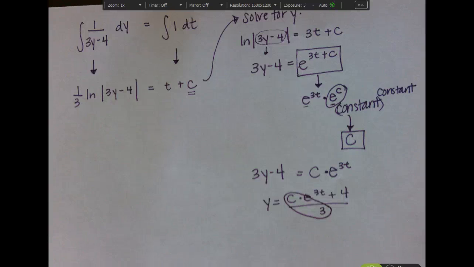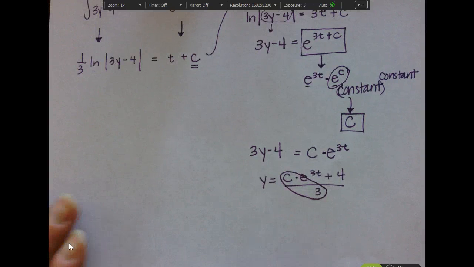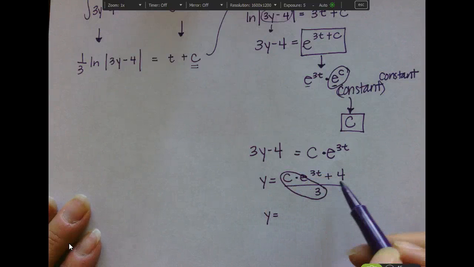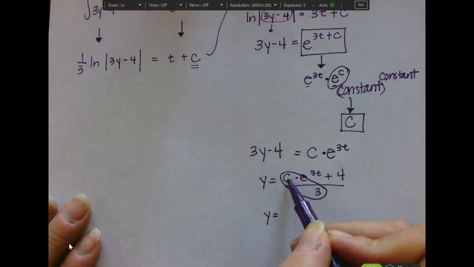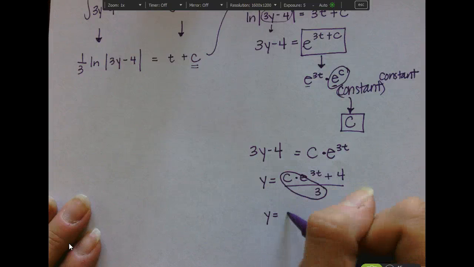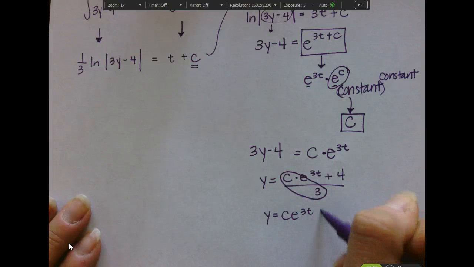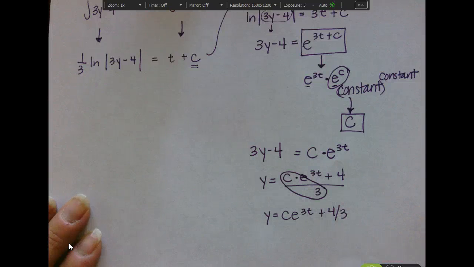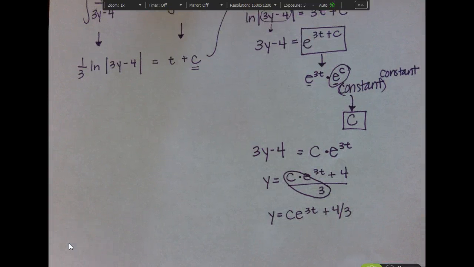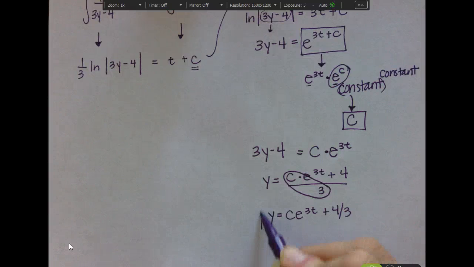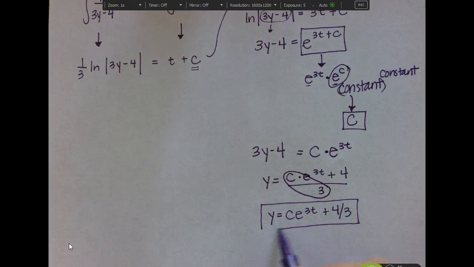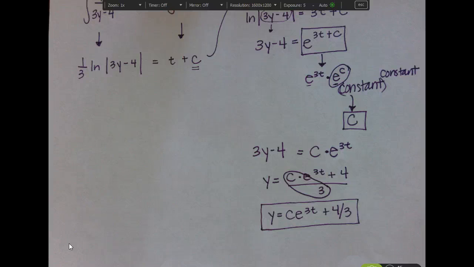If I take that 3 and divide it into each term of the numerator, I have a constant divided by 3, still just a constant. It's a different constant, but we don't care, as long as it's still just a constant. And so this is the final answer. This is the solution to that differential equation. We're saying that the original function was y equals c, some constant, times e to the 3t plus 4/3.